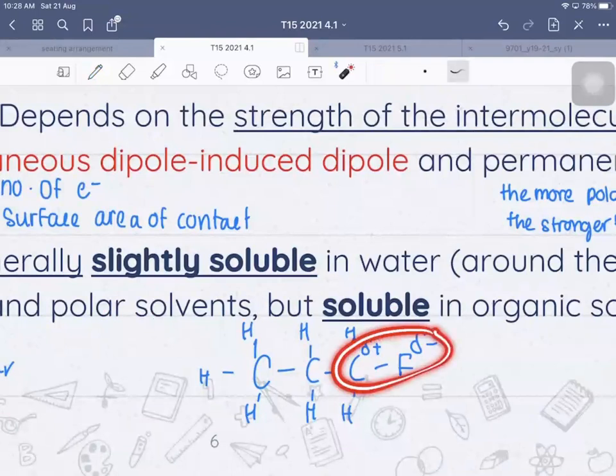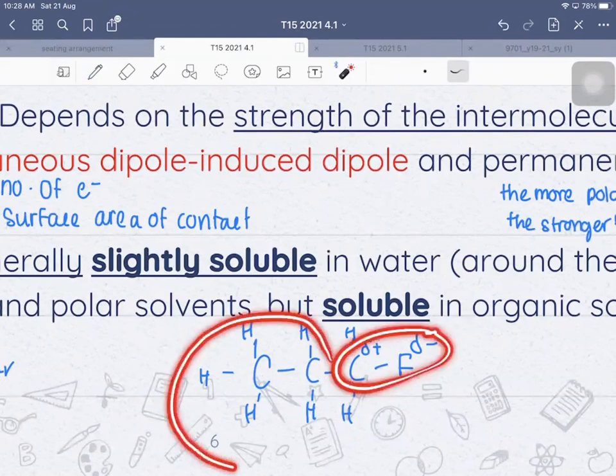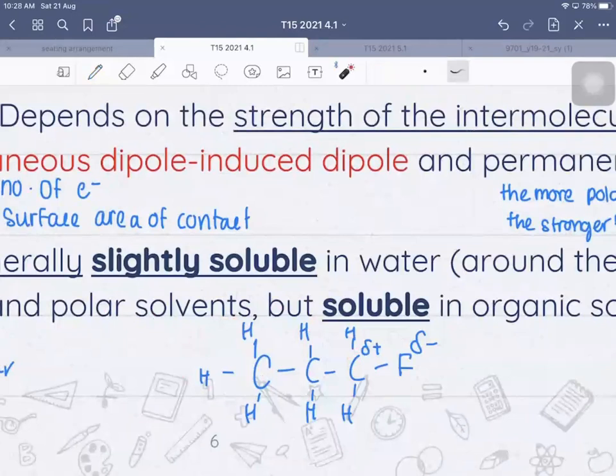the carbon-fluorine bond of the molecule is polar, whereas everything else, carbon-hydrogen, is non-polar. So it's actually a bit of both, right? It depends on the molecule. If you have a lot of carbon-fluorine bonds in the molecule, it will be dominantly polar.